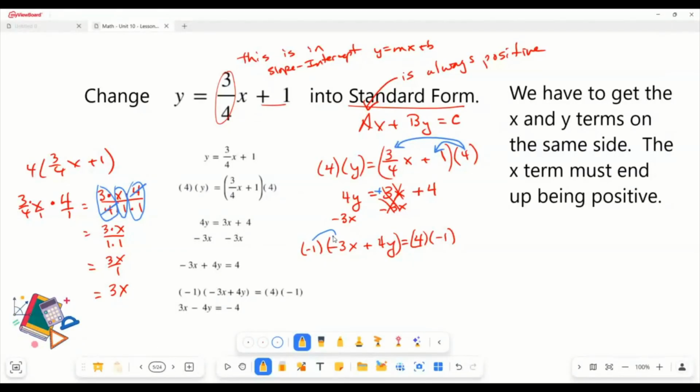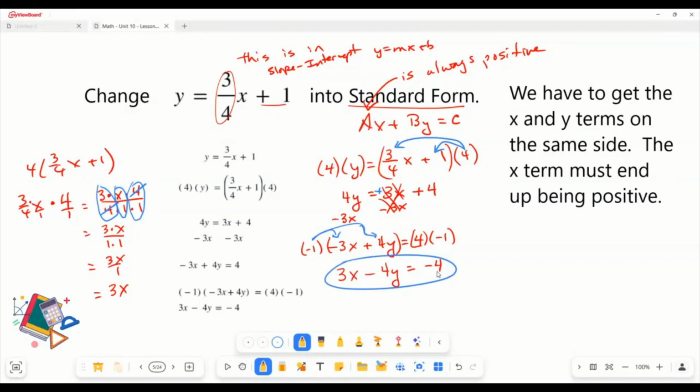The number on the outside gets multiplied by each number on the inside of the parentheses. -1 times -3x is positive 3x. -1 times positive 4y is negative 4y. 4 times -1 is -4.